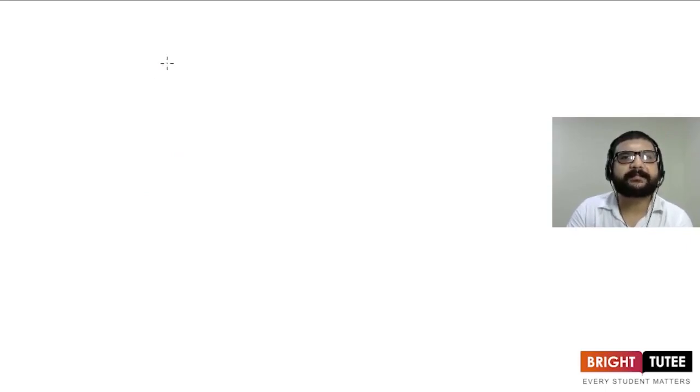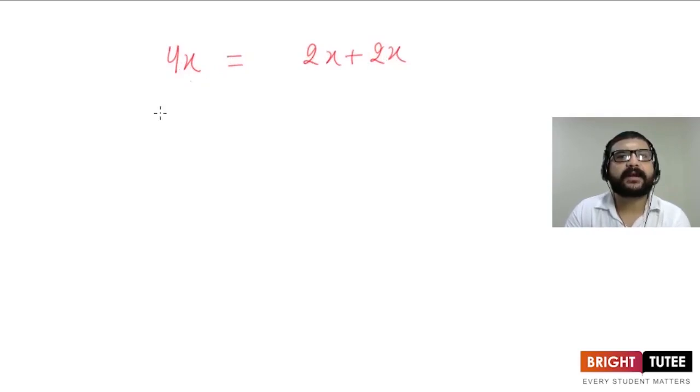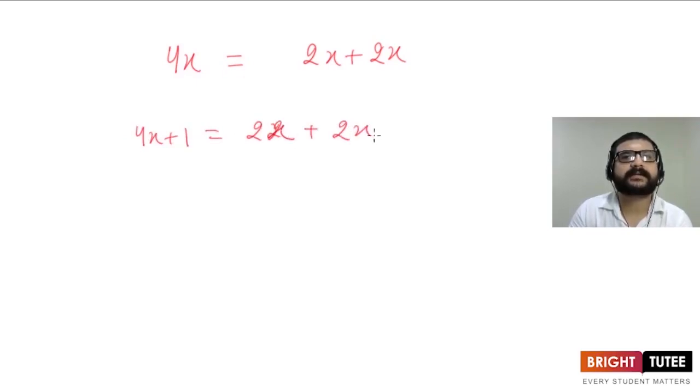Suppose let's take an example. We have 4x is equal to 2x plus 2x. Now let's add 1 on both the sides. So we will get 4x plus 1 is equal to 2x plus 2x plus 1. From here LHS is 4x plus 1, and RHS will be 2x plus 2x, which is 4x, and then plus 1.